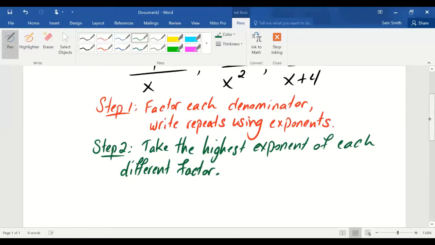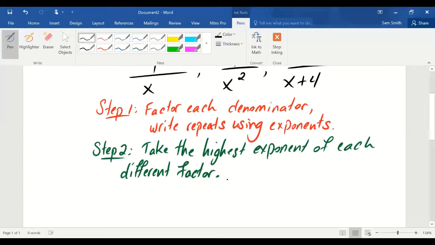So I have a factor of x. Now there are two fractions in which x appears as a factor. x appears as a factor in fraction number 1 and fraction number 2. x is not a factor in fraction number 3 because x is being added to 4 in fraction number 3.